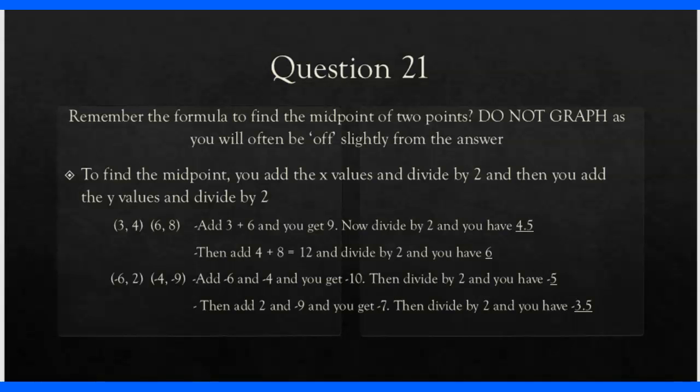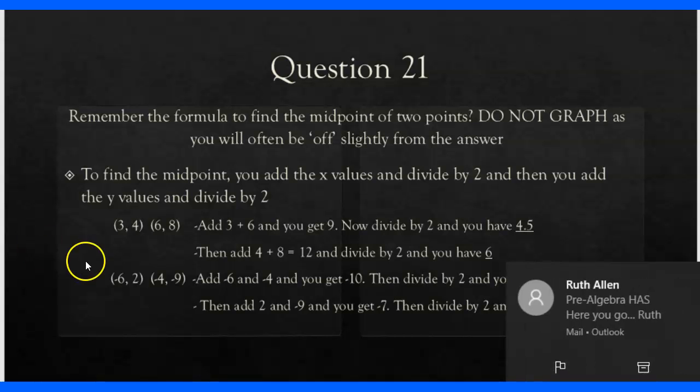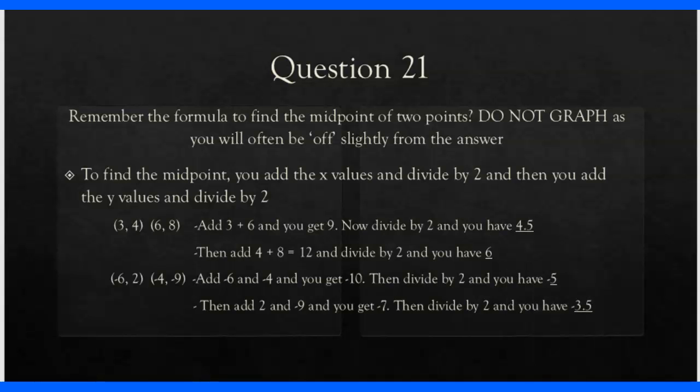But because I wanted to kind of shove you to using the way that we learned in the book, some of you did not get that and tried to graph. So the first points, you've got a point of 3, 4, and 6, 8, and we can put that on a graph and probably come pretty close.